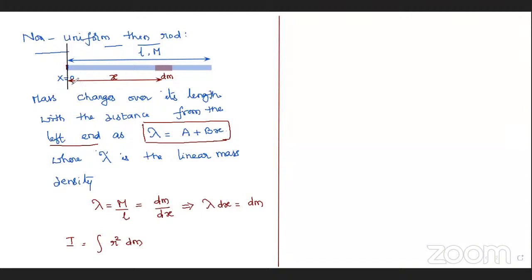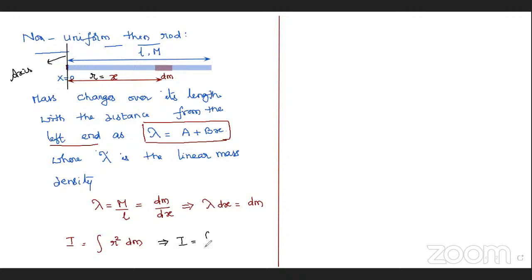Now I measure that x from where? From the axis of rotation or not? That's why I take this x, measured as r, the distance measured from the axis of rotation.